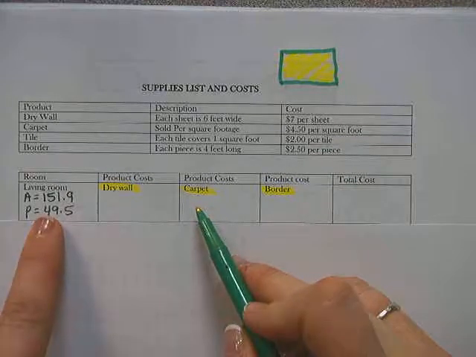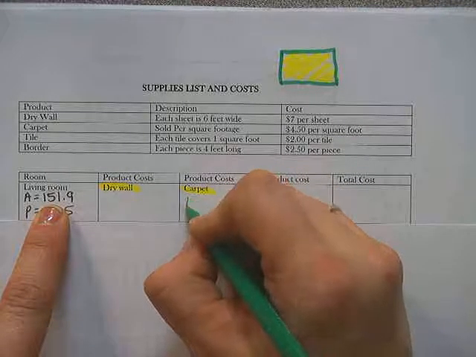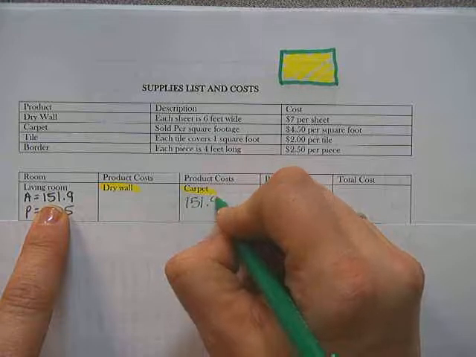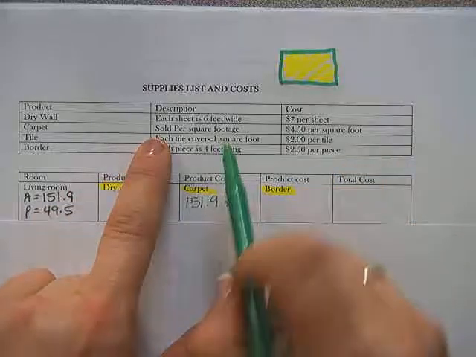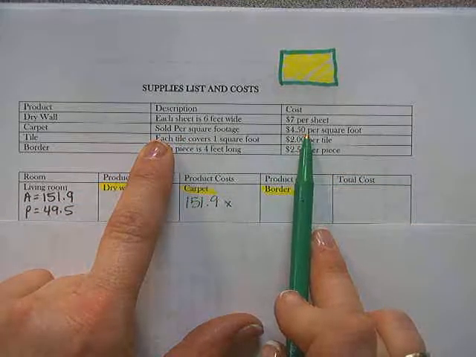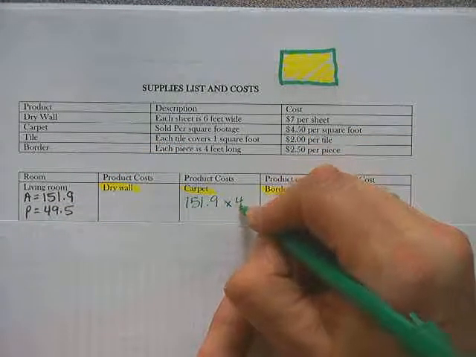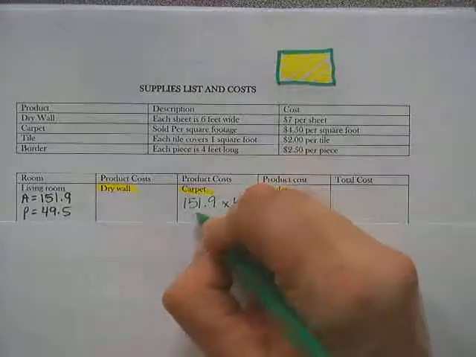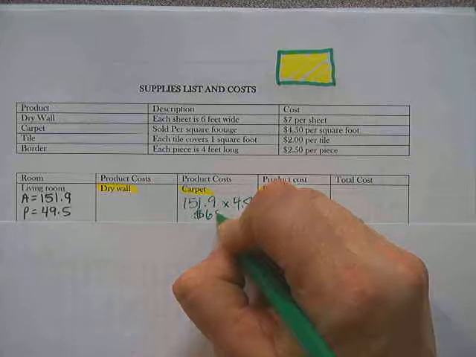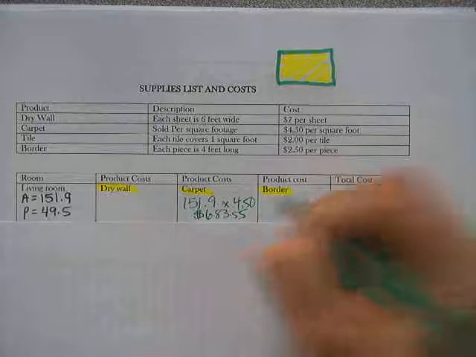So to find the cost of carpet, we are going to take our 151.9 square feet, and we are going to multiply it because up here it's $4.50 per square foot. So when we multiply that, we get a total cost of $683.55.